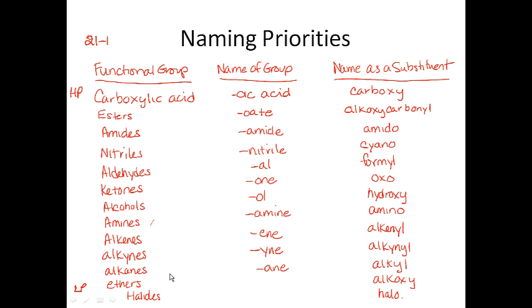And if you go back and remember what we did with ethers, we always had the ether parent name be an alkane with an alkoxy group attached to the alkane. So you look at this list and find the highest priority name, and then everything else becomes a substituent. Now, you could say, but if carboxylic acid is the highest priority, then when would it be called a carboxyl?